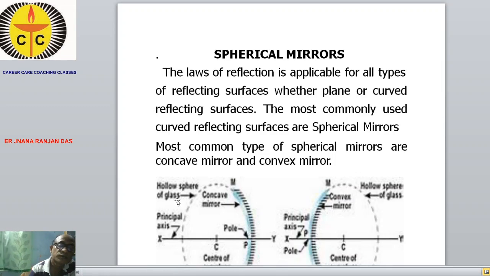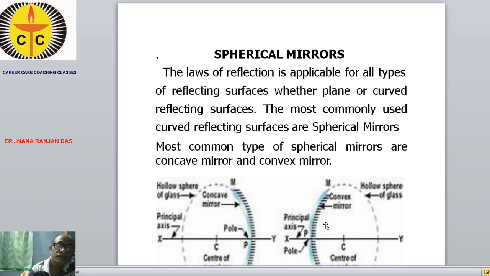Suppose you take a glass hollow sphere and cut a section of this sphere, and this part, if it is glazed at the outer side, that means your reflecting surface is curved inward.